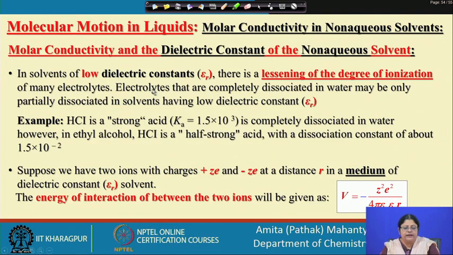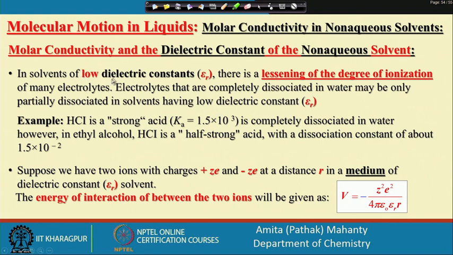Next is the dielectric constant of the solvent. If the solvent has a low dielectric constant, then the degree of ionization of the electrolyte lessens. Electrolytes are completely dissociated in water, but may not be completely dissociated in a solvent of low dielectric constant.